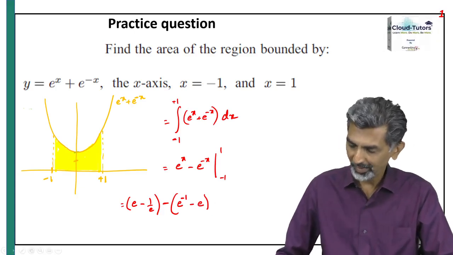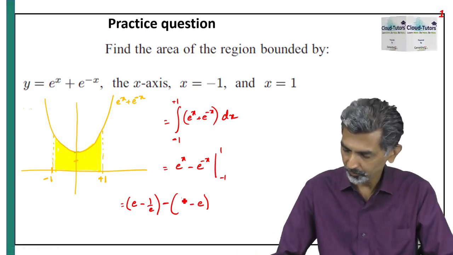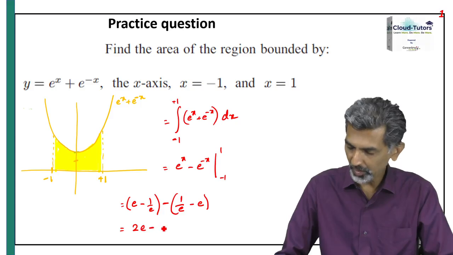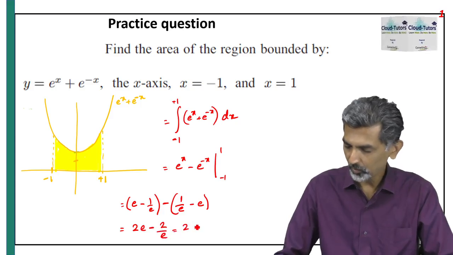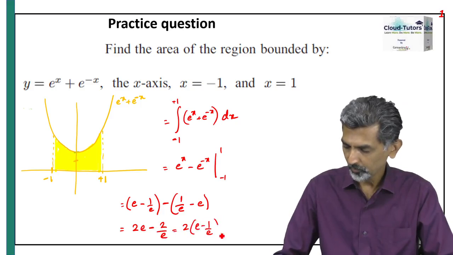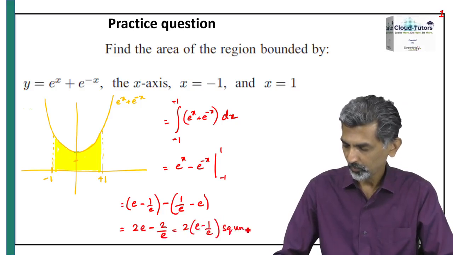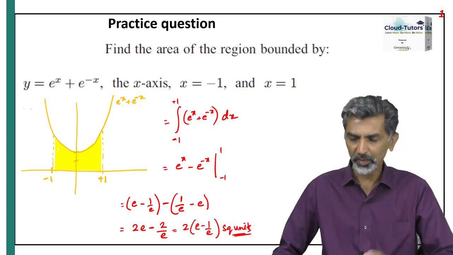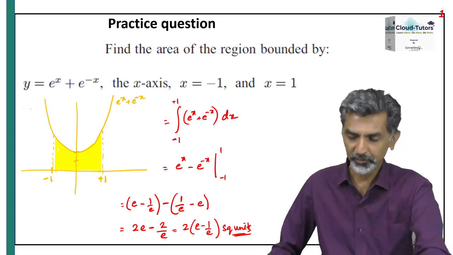That's what we get. So this is 1 by e. This is 2e minus 2 by e. That is that's the answer. Fairly simple, and the diagram helps.